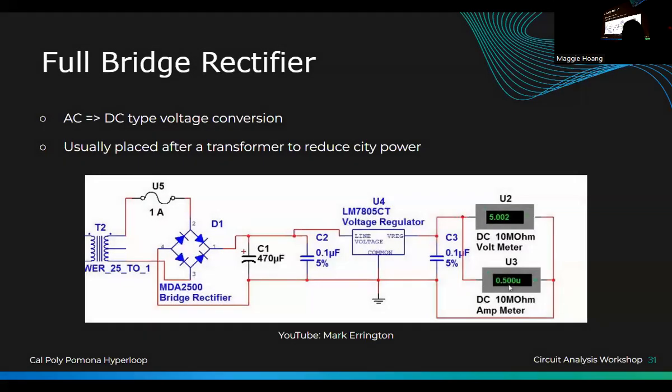So a full bridge rectifier is switching from AC to DC. And AC is basically like sine waves. So what this circuit says is that you have an AC input, and the output using this full bridge rectifier is gonna make the wave. Just draw it. So the wave is gonna go like a sine wave.